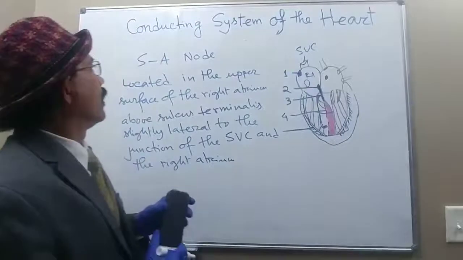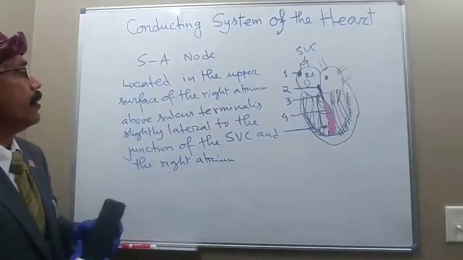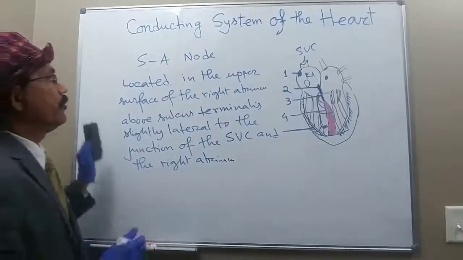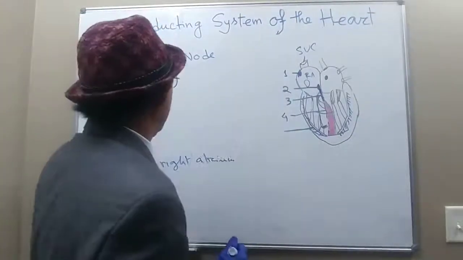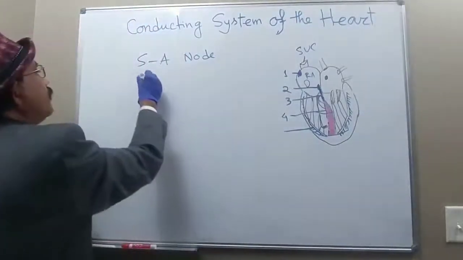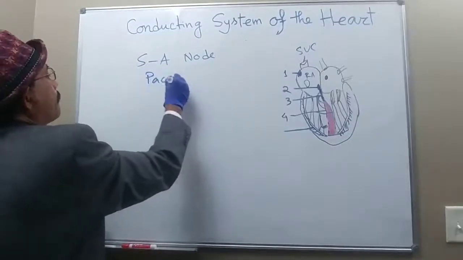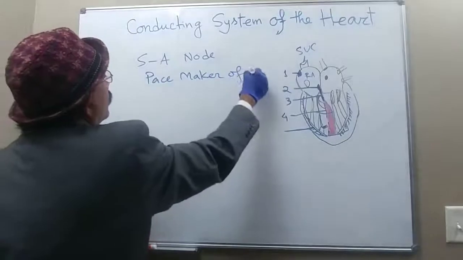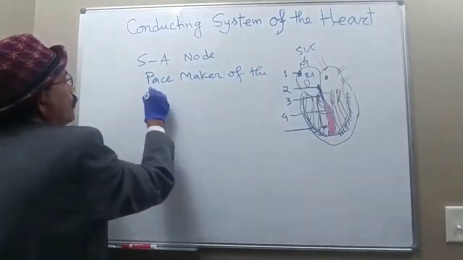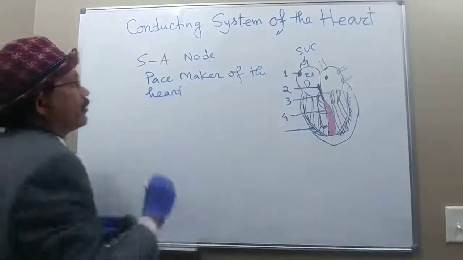That is the sinoatrial node. What is its importance? This is the pacemaker of the heart. We got the location of the SA node.